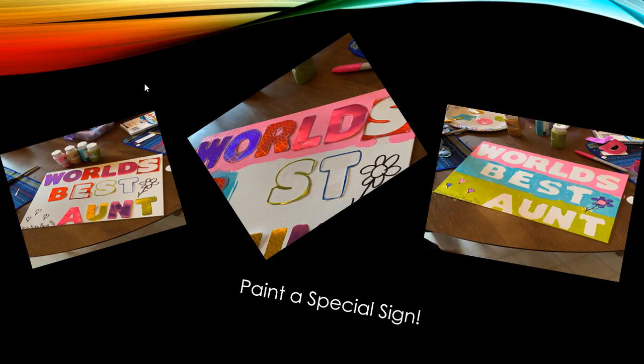So remember earlier this week, I told you that my aunt is like a mom to me, and she actually is my neighbor too. So today I made her a sign just like the one in your Epic book. And I put down the steps of how to do it right here, just so you can get a visual of it. And that way you can see the cool sign that I made.